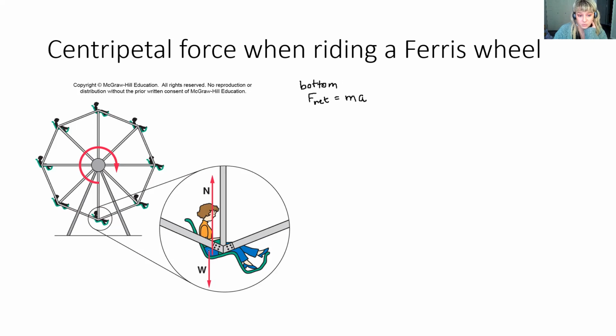Well, there's your weight pulling down on you, and the normal force from the seat acting upward on your body. So I will call normal force upward, and it's positive. Weight is acting downward on you, so it's minus. The centripetal acceleration always points towards the center of the circle. So that's pointing upward, so that's going to stay positive. This side becomes positive mass times centripetal acceleration.